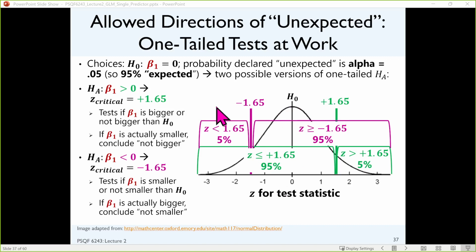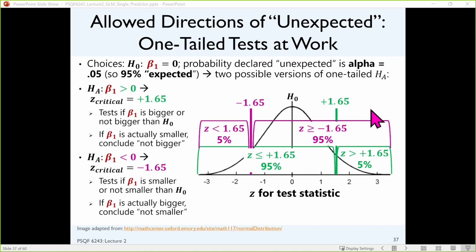Now, where could this go wrong? What if my slope was referring to treatment for a disease, and I really hope that my treatment makes people healthier? If I want my treatment to make people healthier, maybe I want a positive slope, right? So if I had a result that was over here, I would say, yay, my treatment worked. It made people better.